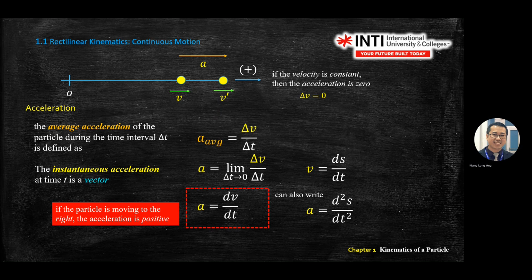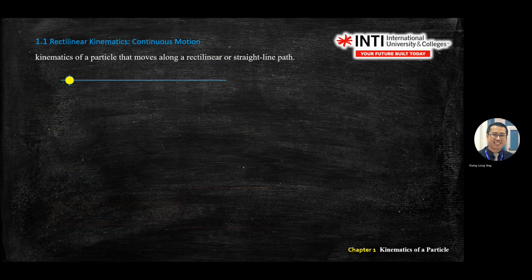Constant means at time t1 it is 10 meters per second, and at t2 also 10 meters per second. Is there a change? No, so a straight away equals 0. Then you substitute a equals 0 in your equation.